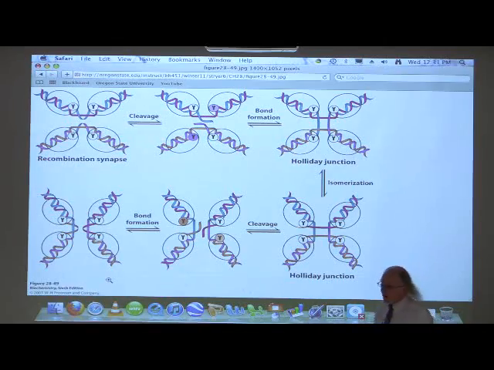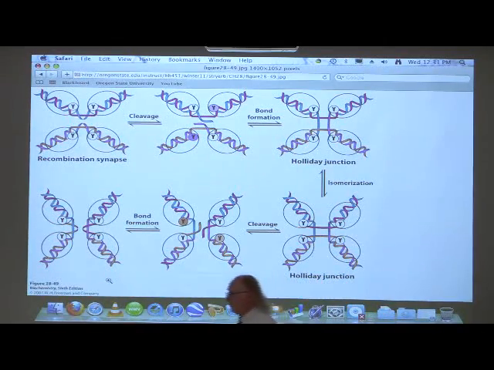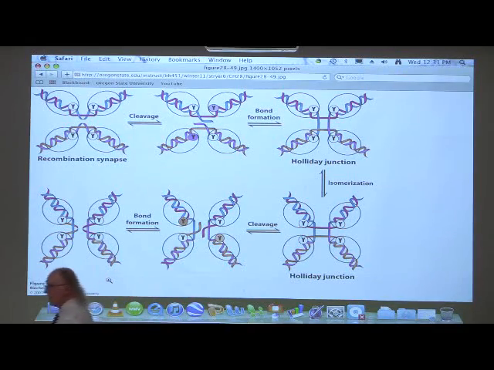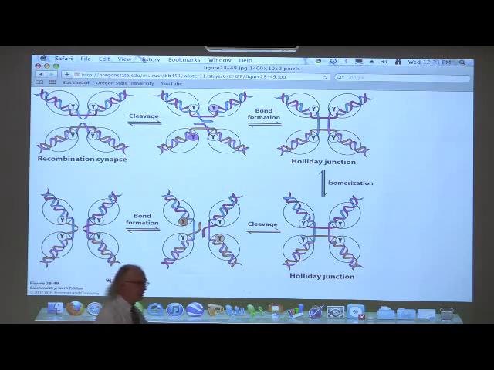Holliday junctions arise, and this is simply not showing that zippering process. Holliday junctions arise during recombination, and they basically form a cross-like structure. The Holliday structure is named for the person who discovered them. Notice his name has two L's in it, not one, like Christmas. Okay? All right. They form, ultimately, a cross-like structure.